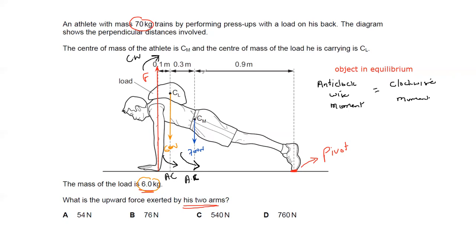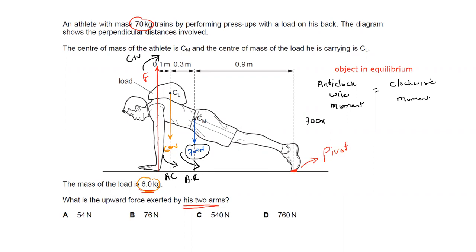So how to solve this question? We will calculate the moment. The total anti-clockwise moment is equal to the total clockwise moment. Now, what is the moment caused by the weight of this athlete? The weight of the athlete is 700. The mass is 70 and the weight is 700. So the moment is 700 multiplied by the distance from the pivot.